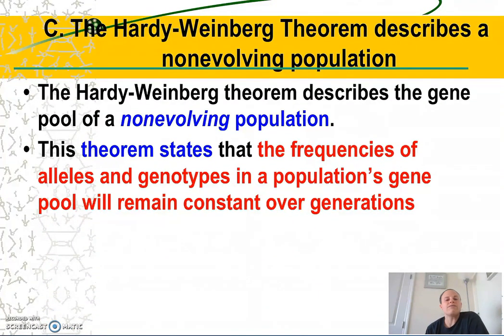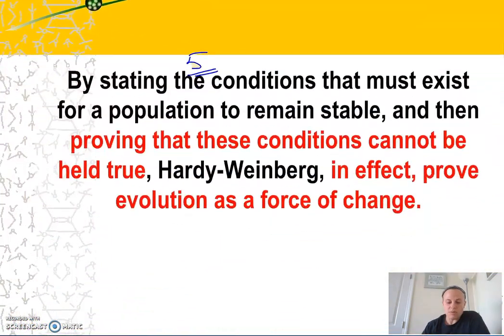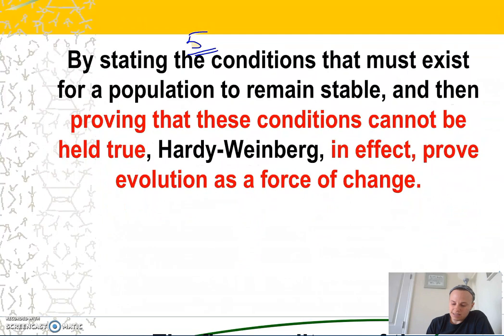They said, if I hold these following conditions to be true, then I have a non-evolving population. So their theory states that the frequencies of alleles and genotypes in a population's gene pool are going to remain constant over generations, provided these 5 conditions exist.